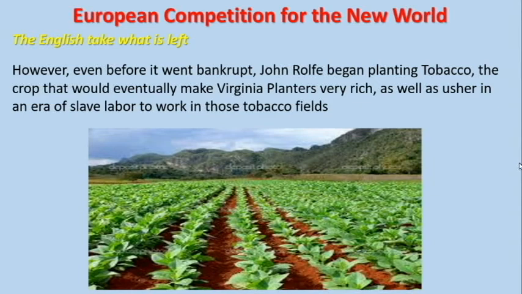But even before it defaulted back to the crown, individuals in Virginia were starting to make some serious cash through the planting of tobacco. John Rolfe had, quote-unquote, acquired, some say stolen, seeds of Spanish tobacco that was very sweet and grew well in the Caribbean area.